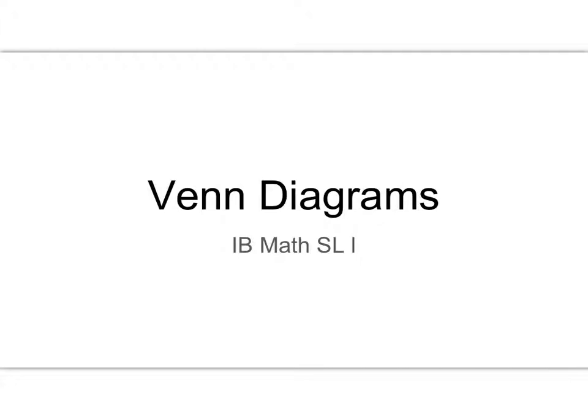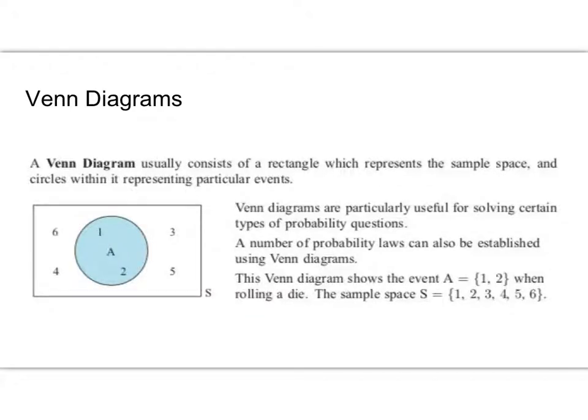Here goes nothing. Tonight we're going to talk about Venn diagrams. A Venn diagram is a rectangle, and the rectangle represents the sample space, and the circles represent certain events in our sample space.